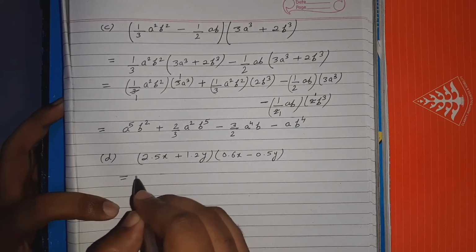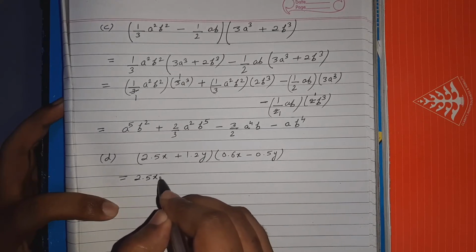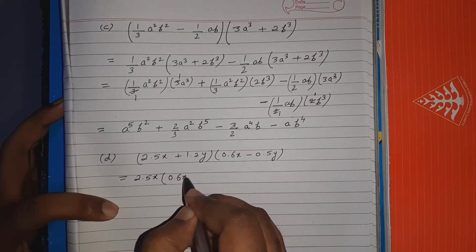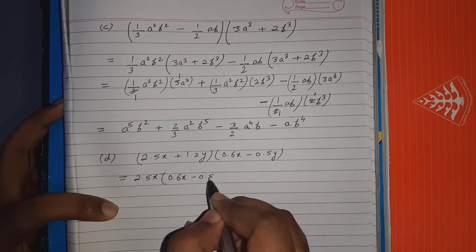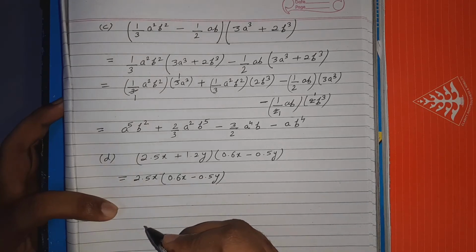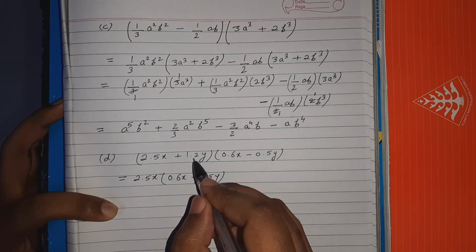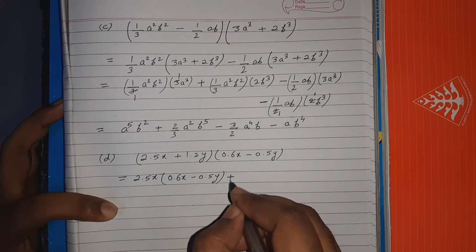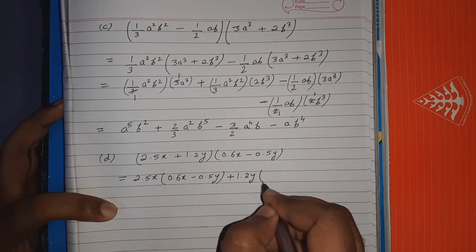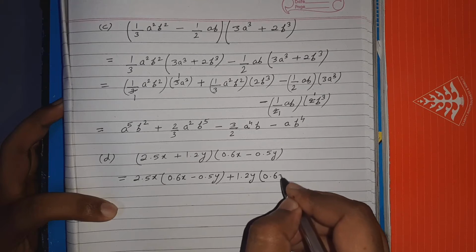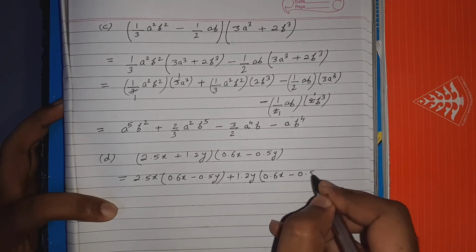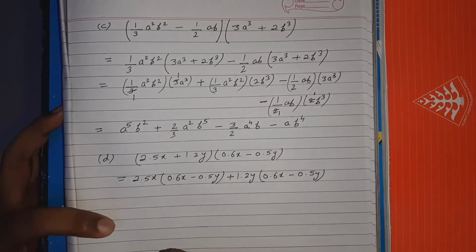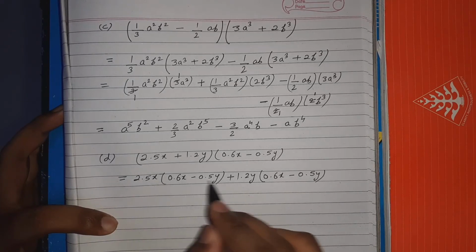So it will be 2.5x multiply 0.6x minus 0.5y. Then we will take second term of first bracket with sign. So it will be 1.2y multiply by 0.6x minus 0.5y. Now we will simplify these two brackets.